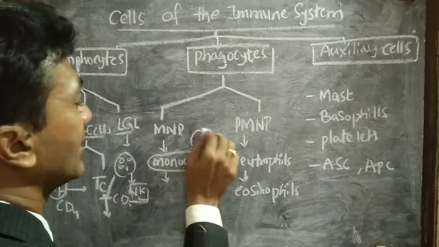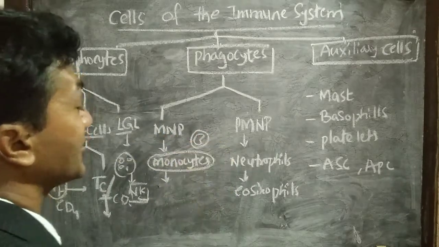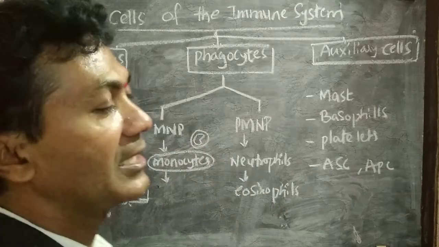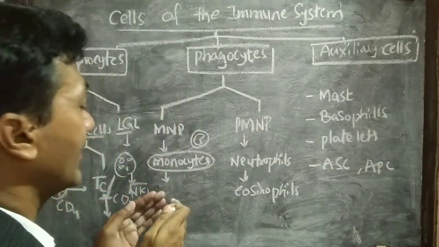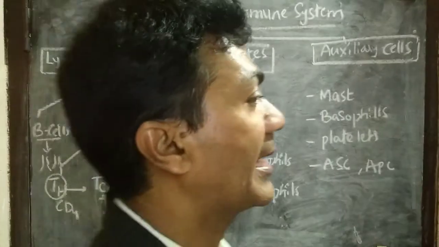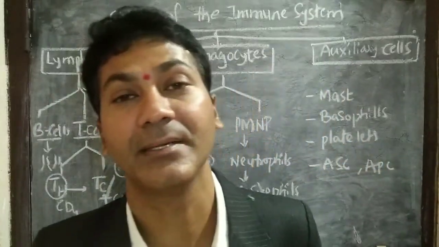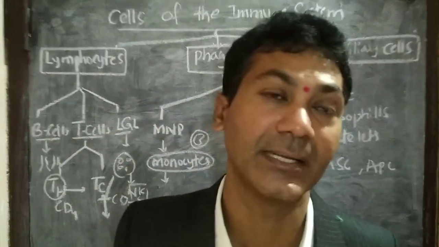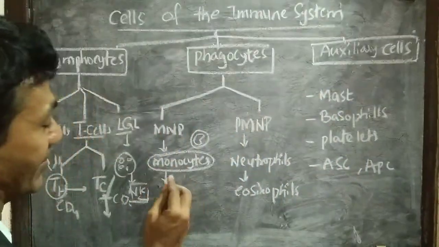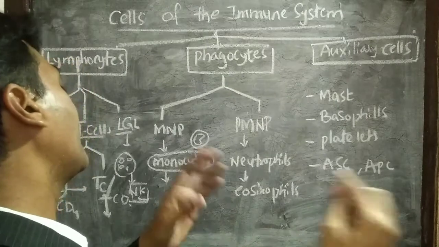The monocyte nucleus shape is kidney or bean shaped. They modify into other cells. Remember diapedesis: the blood cells can come out from the capillaries. This process is known as diapedesis. By diapedesis, monocytes can reach different tissues.